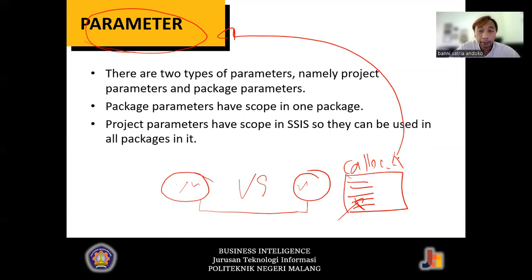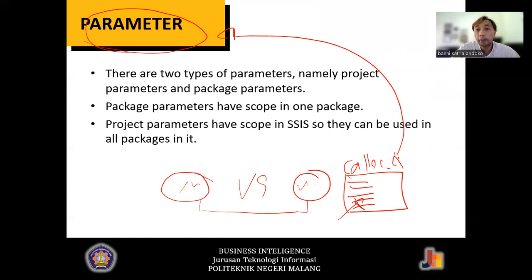Okay. Basically, in SQL Server Integration Services, there are two types of parameters, namely project parameters and package parameters. The differentiation between those two is the scope.